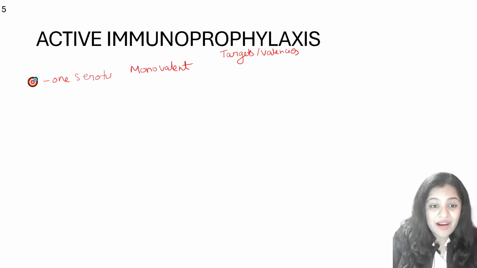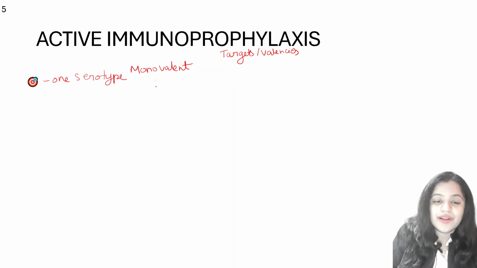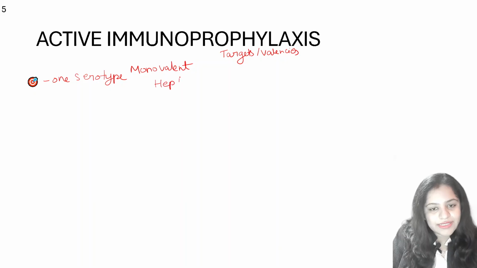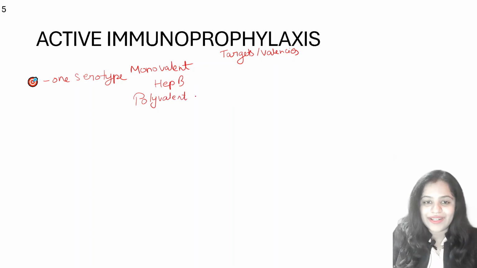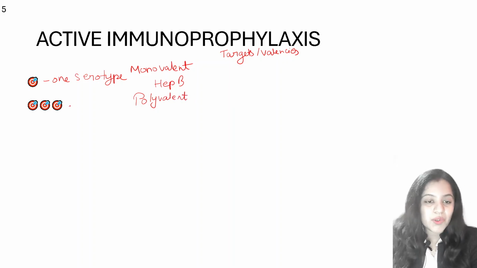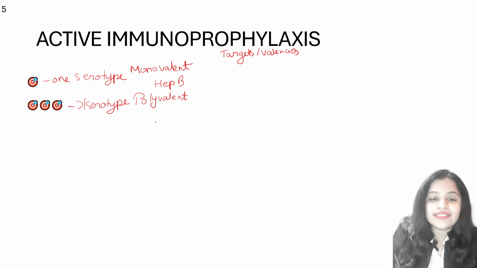Okay. A very good example of this is your hepatitis B vaccine. Now, your vaccine can also be polyvalent. Polyvalent means it has more than one serotype, multiple serotype. A very good and common example of this is your seasonal influenza vaccine.